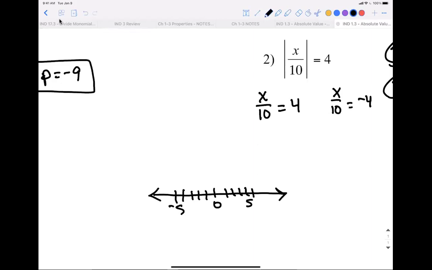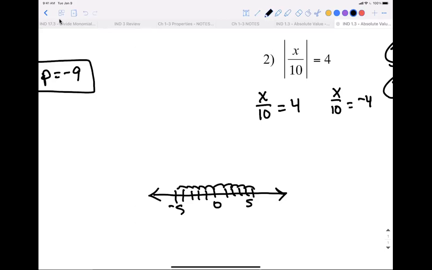So if I ask what is the absolute value of 5, you could go 5 steps to the right, or 5 steps to the left. Both of them are the absolute value of 5. One goes to the right and one goes to the left, but they're both 5 jumps away from 0.